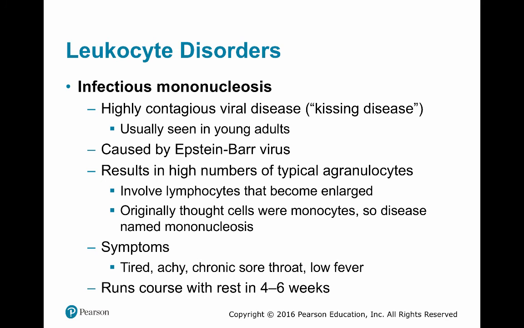And you can tell if you have mono because you become extremely tired to the point where you cannot get out of bed. You hurt all over, you will have a sore throat and a low fever, and you're just really achy and tired. It runs its course anywhere from 4 to 6 weeks on average.